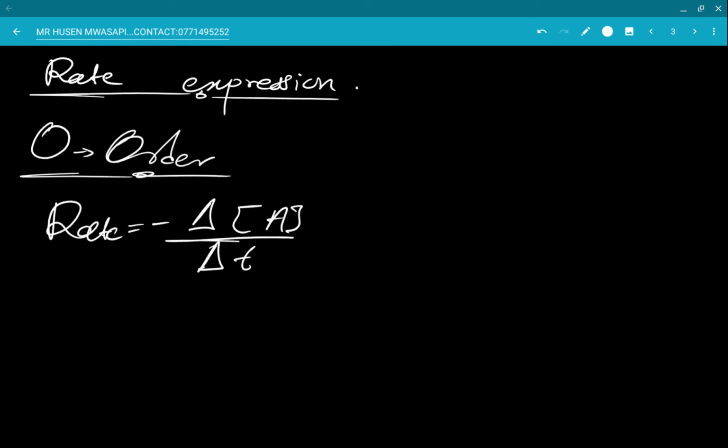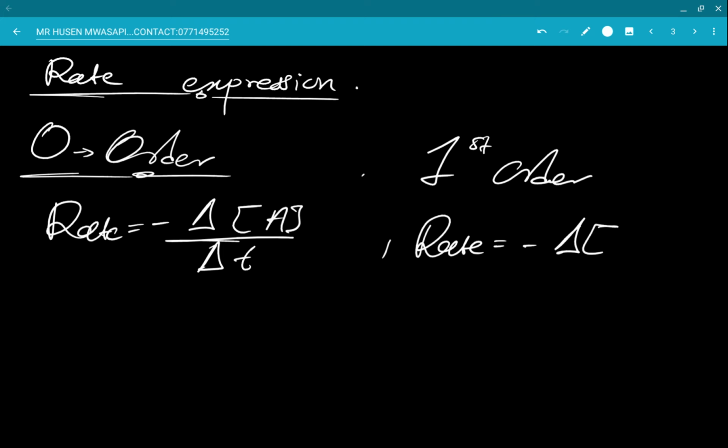Time. The rate expression for a first order is just the same. Rate is equal to negative change in concentration of the reactant over change in what? Time.